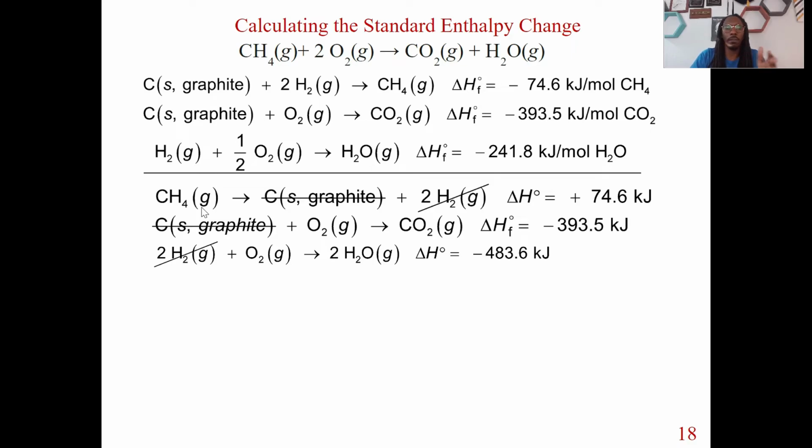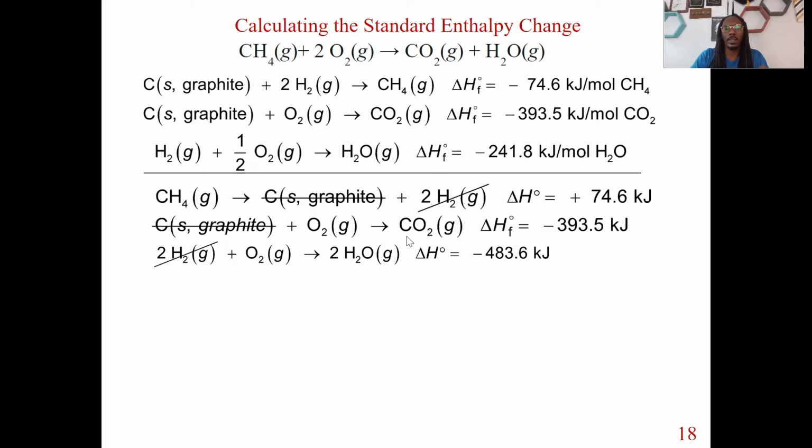Now, what I have left is I see I got CH4, cool, and it's a reactant, so it's matching up there. I got an oxygen here, cool, and I can see that it's going to be a reactant, so it's matching up there. I also have another oxygen as well. If I add both my oxygens together, that's 1, 2.